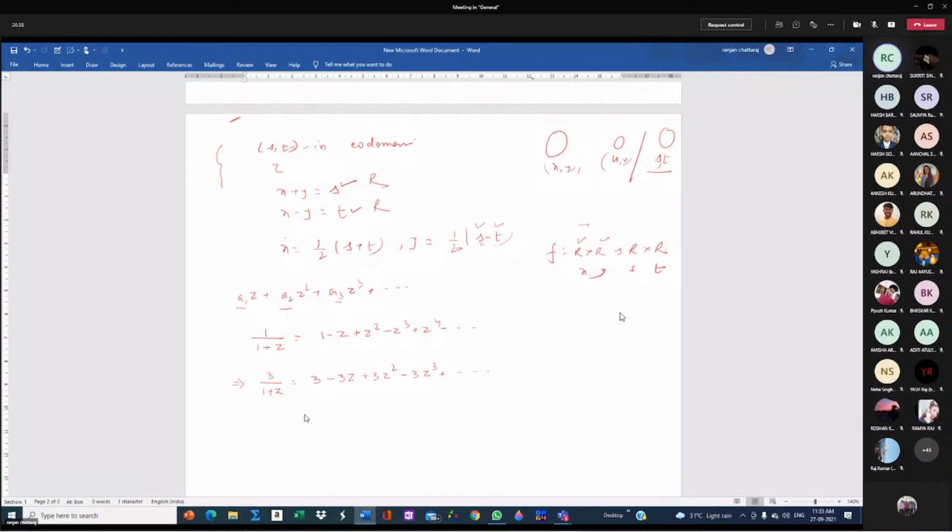This can be written as 3 plus (minus 3)z, again 3z square plus (minus 3)z cube and so on. So this is the generating function, or in the abbreviated form you can write it as a_n z to the power n, where n varies from 0 to infinity. So this is your required generating function.